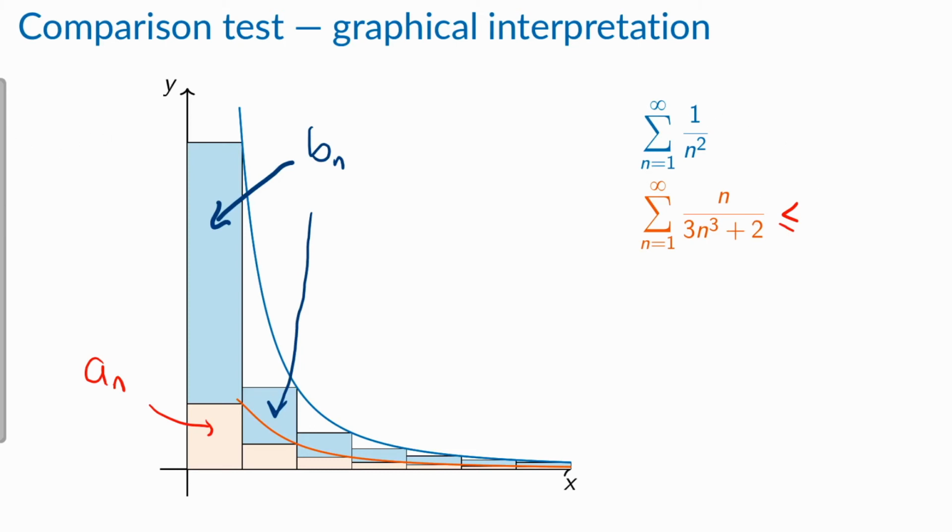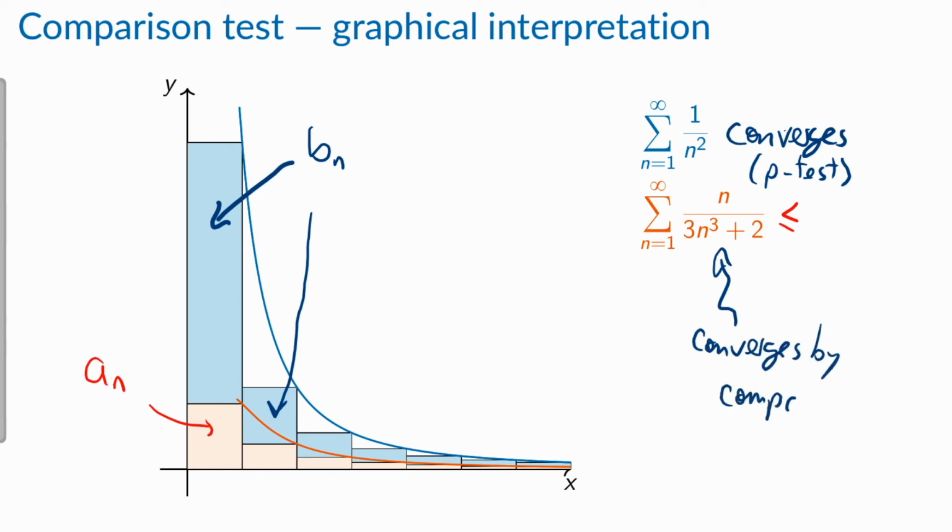So this top series here converges. That converges by the p-test. It's a p-series for p equals 2. So this guy then converges by the comparison. And there we go. That's a graphical interpretation of the comparison test.